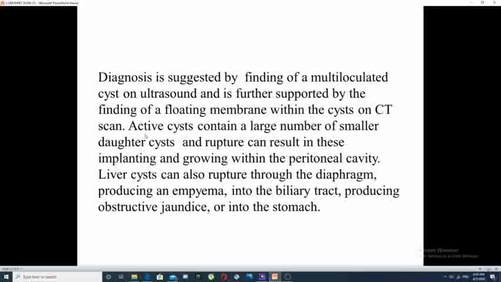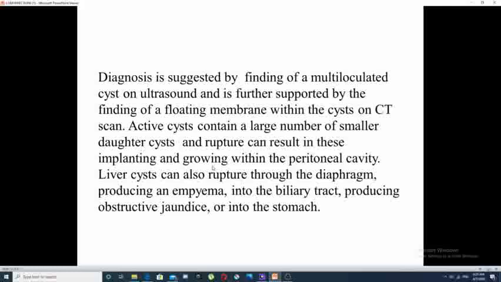An active cyst contains a large number of smaller daughter cysts, and rupture can result in implantation and growing of these new daughter cysts within the peritoneal cavity, which results in dissemination of the disease within the body.